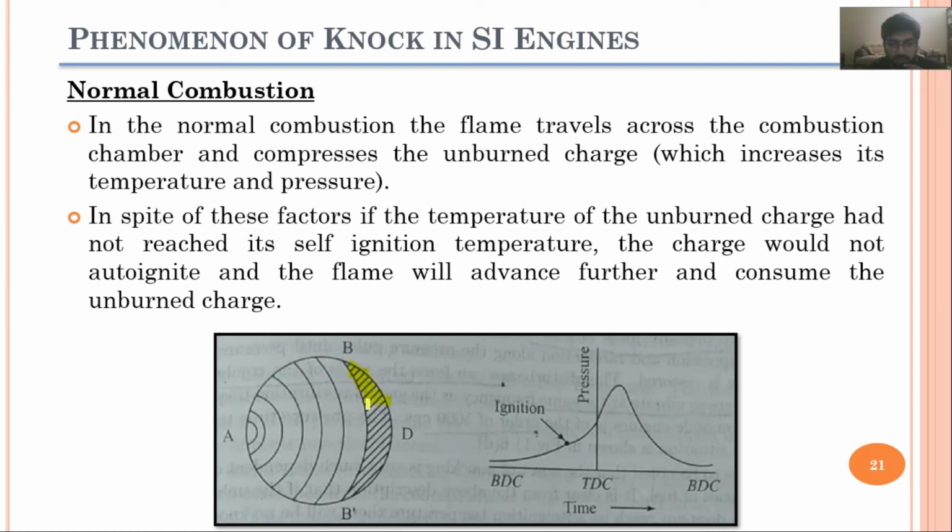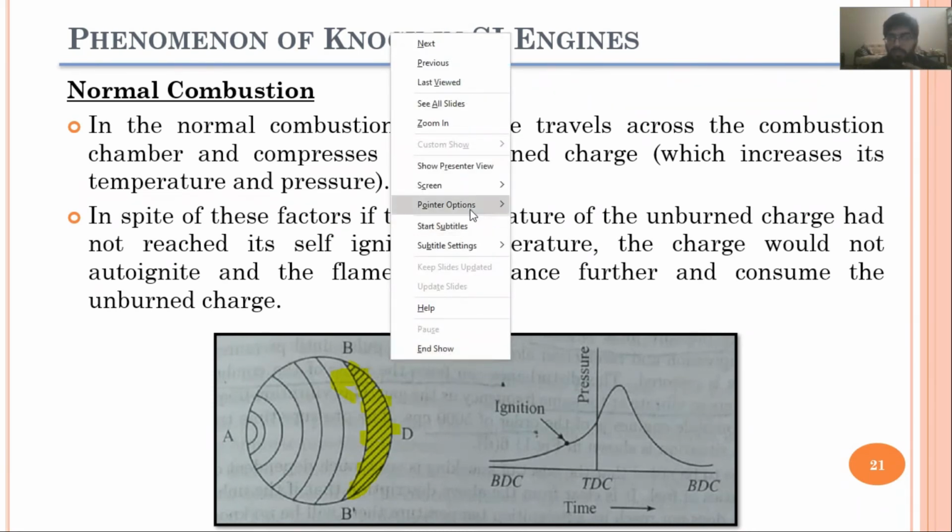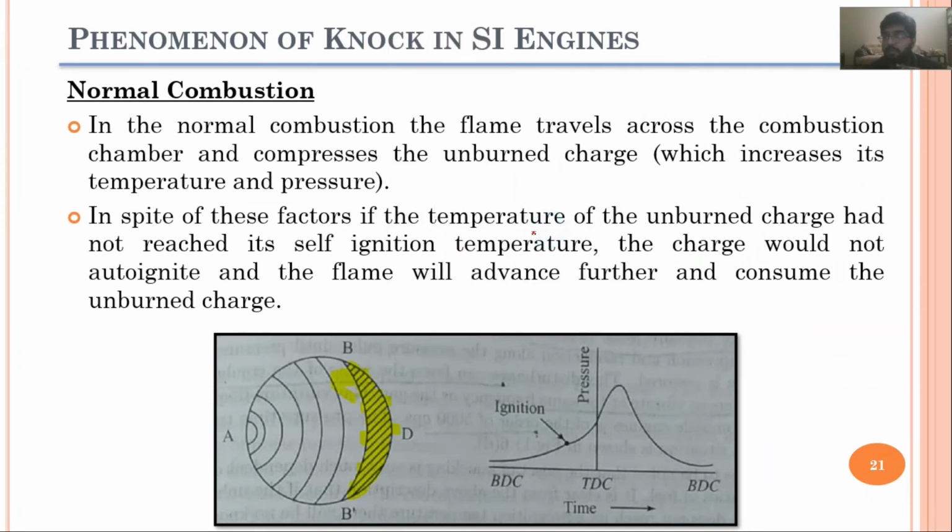For example, these combusted gases will have a higher temperature and a higher pressure, and since they are at a higher temperature, they will be transferring some heat to the adjacent layer of the fuel air mixture, which has not yet burned. It is transferring the heat energy to the next layer.